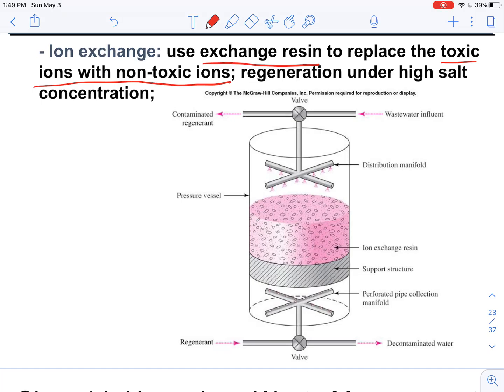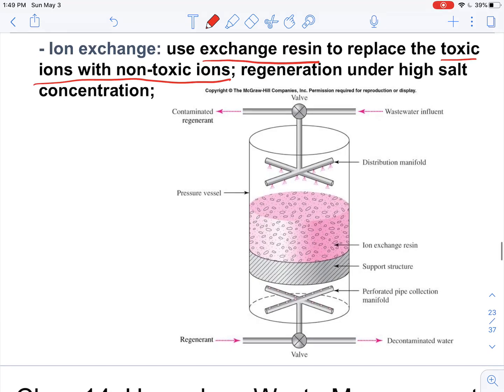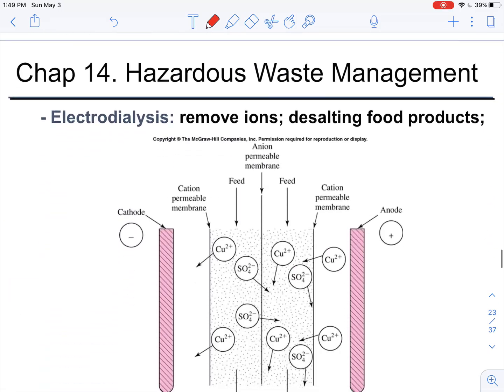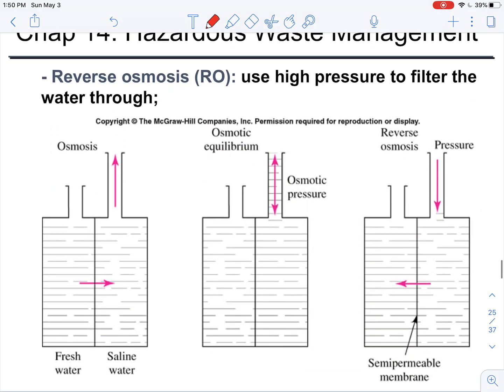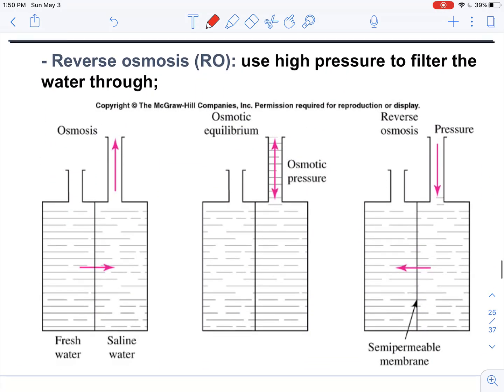So we can use this ion exchange process to purify the water. We can also use that to remove the hazardous materials. And people can also use electrodialysis, right, to remove the ions and desalt food products. Okay, we can also use reverse osmosis.